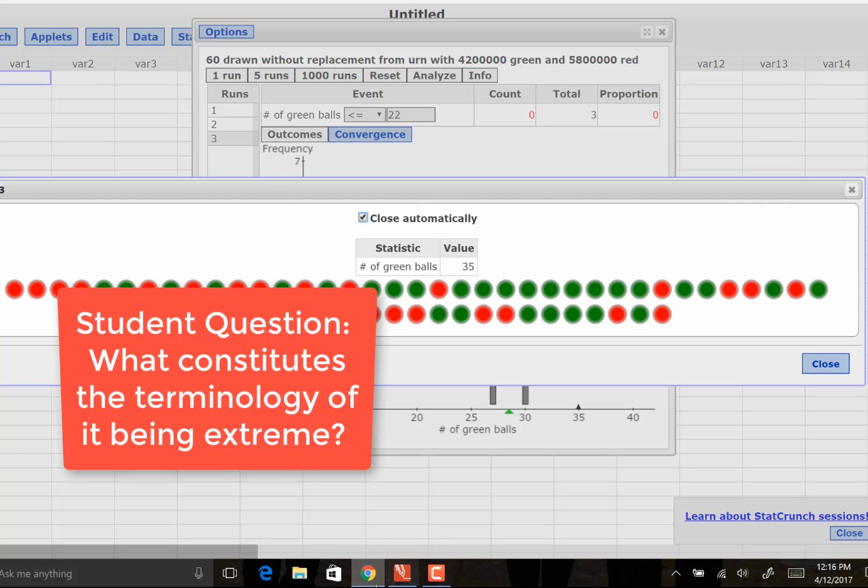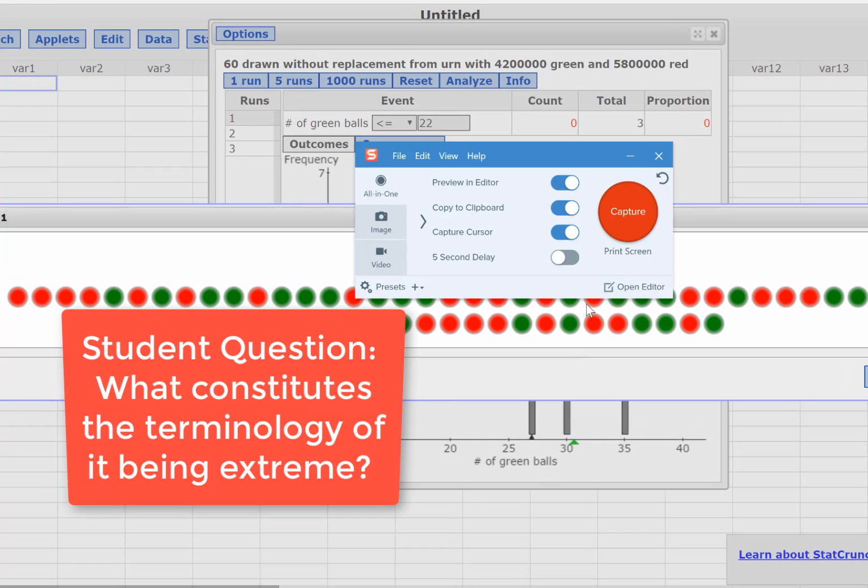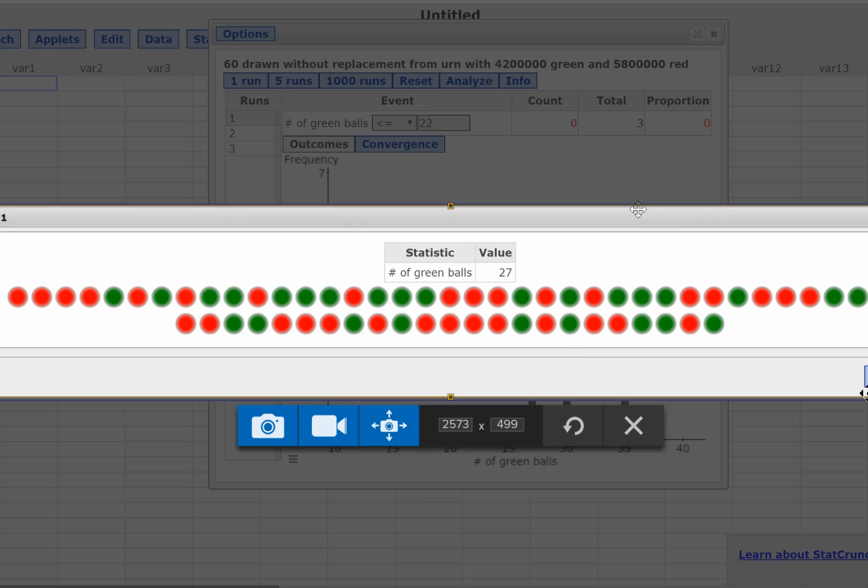You follow? What constitutes the terminology of it being extreme? Okay, so we observed 22 out of 60 that were Republican when we actually conducted the survey, which was a sample proportion of 0.367. We wanted to know, ultimately, did the proportion of Republicans in the district go down, right? So 22 out of 60 constitutes the proportion going down, right?